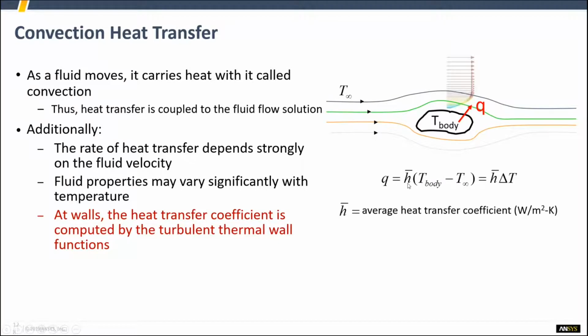So the H value is how much heat's being transferred for a temperature difference, the temperature of the body in relation to the temperature of the free stream. In CFD, you're modeling that directly. You can calculate that based on the actual results of your analysis, because you're modeling the flow. You're simulating the flow directly as it's picking up that energy and running away with it.